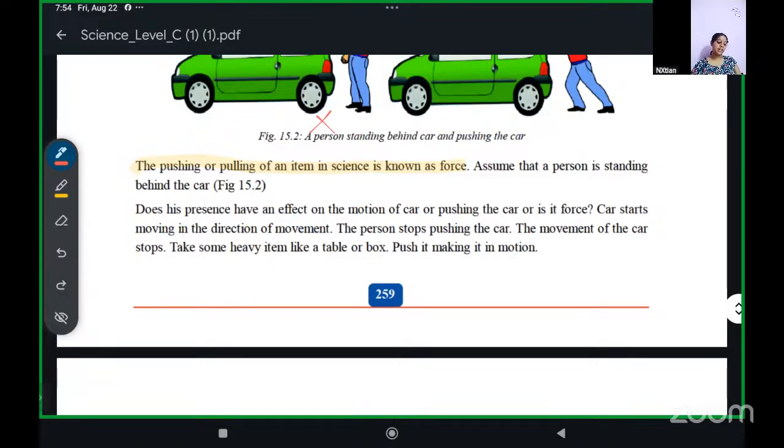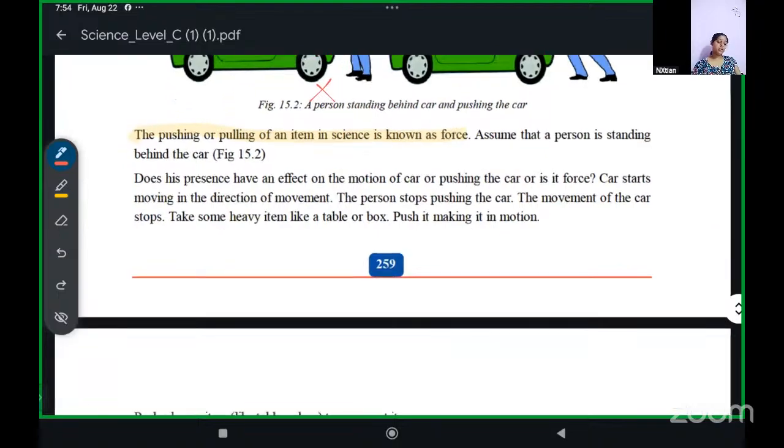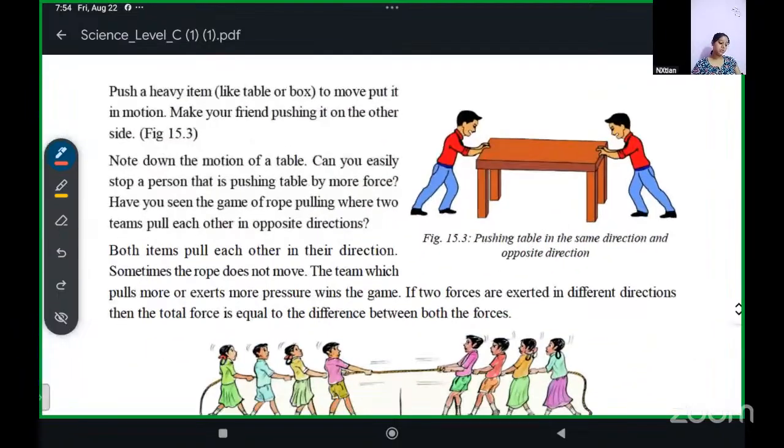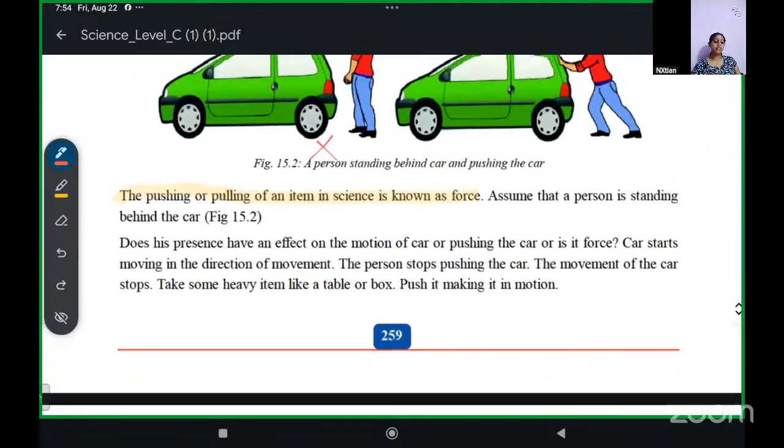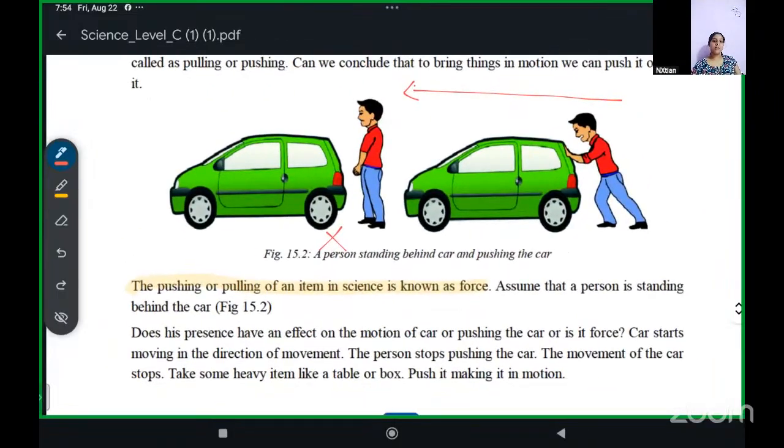Take some heavy item like a table or box, push it, making it in motion. We push some things to make them move, and when we are pushing, the things come in motion because of the force that we are applying.